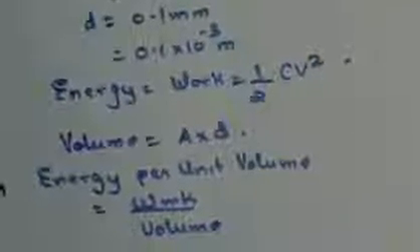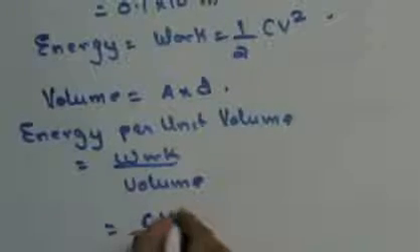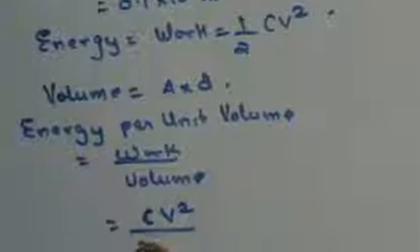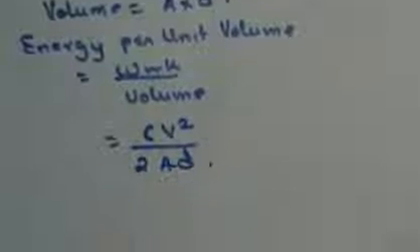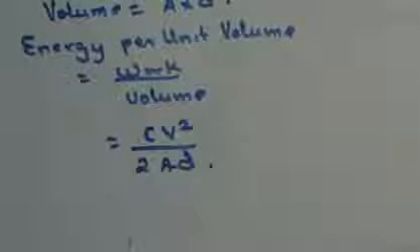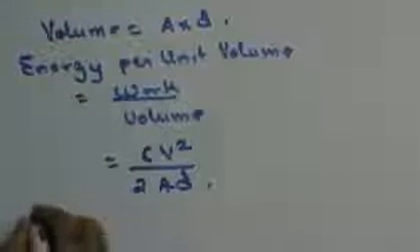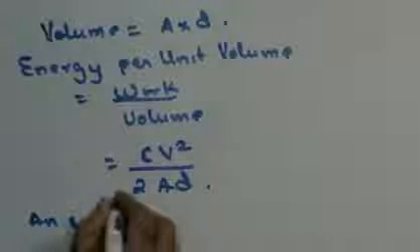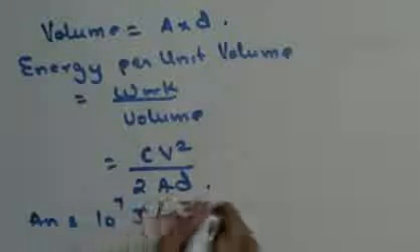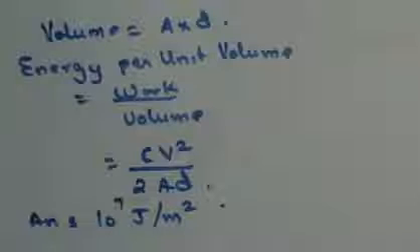So that is nothing but half CV square upon A into D. Right? You have all the four values, straight multiplication, we should get the answer. The answer for this sum should be 10 raised to 7 joules per meter cube. Next, take our next sum please.